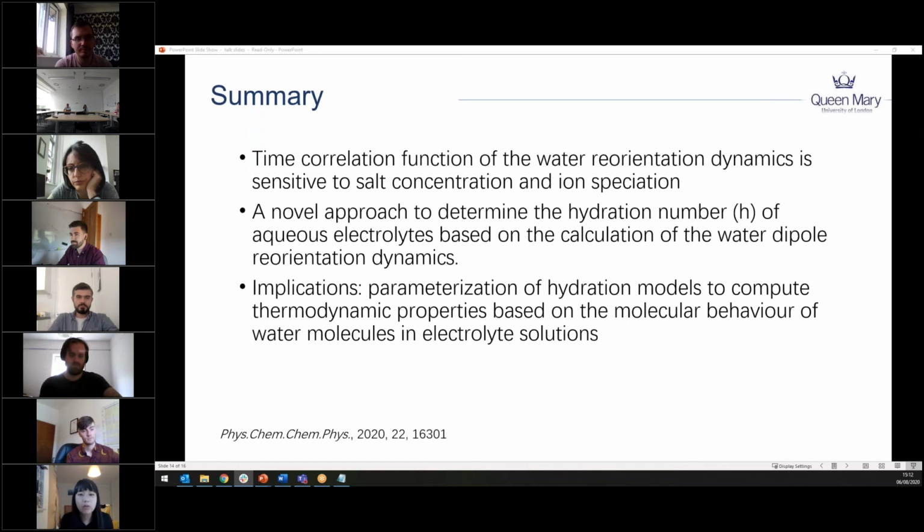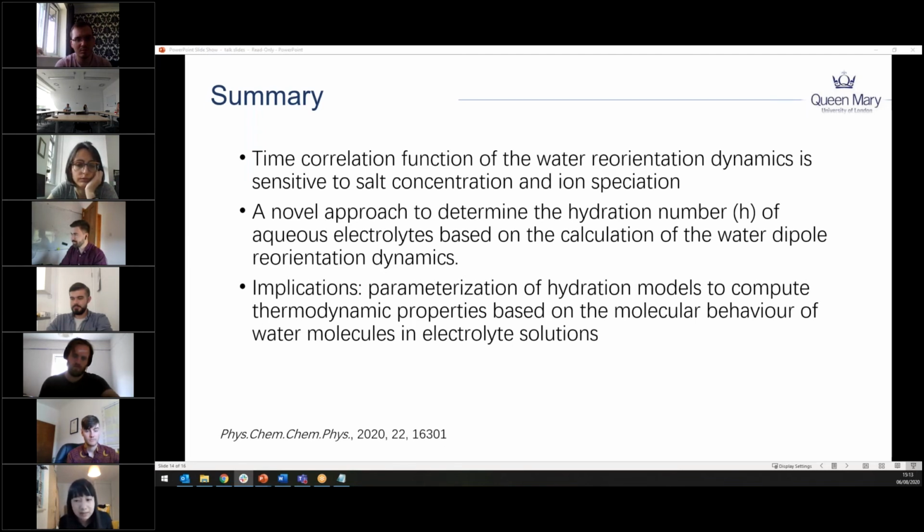We found that not only water molecules in the first hydration shell of magnesium, but also those in the second hydration shell of magnesium and in the first hydration shell of chloride, slow down. And we came up with a new approach to determine the hydration number H of aqueous electrolytes based on the calculation of the water dipole reorientation dynamics.